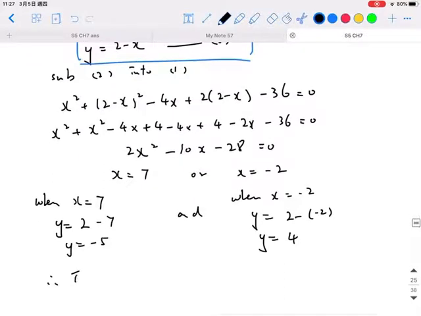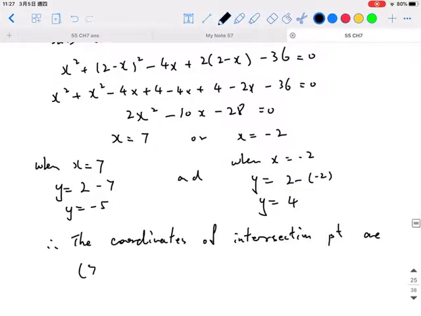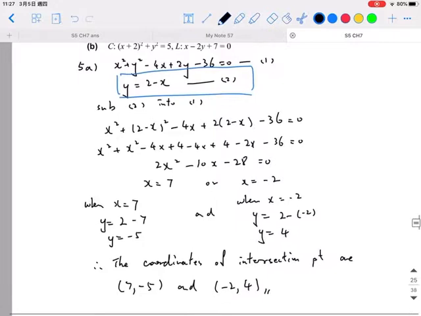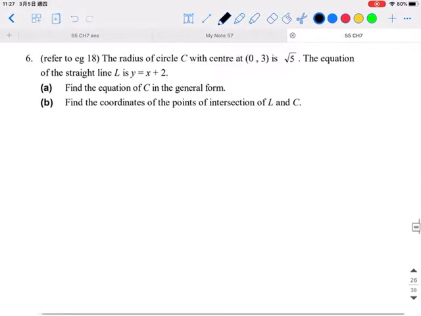So the coordinates of intersection point are (7, -5) and (-2, 4). So we finish 5a.